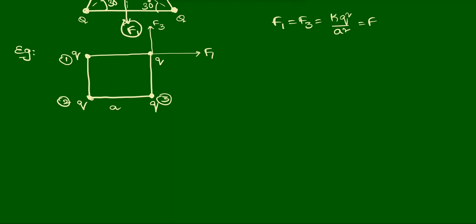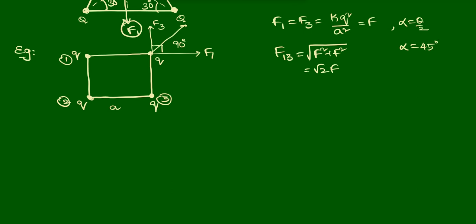And this will be in a direction according to alpha is equal to theta by 2, as the angle between them will be 90 degrees. The resultant of 1 and 3 will be square root of F square plus F square, which is root 2 F, and it is directed at an angle alpha is equal to 90 by 2, which is 45 degrees. So that will be in this direction.